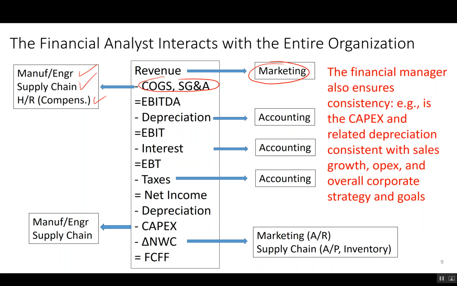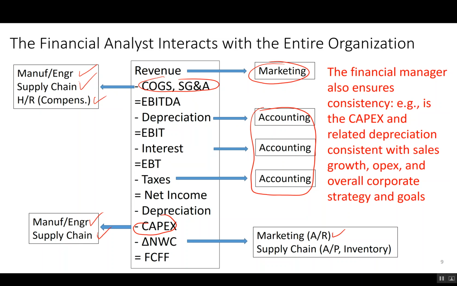Depreciation, interest, taxes, you're going to work really closely with accounting to make sure those are right. CapEx, you're going to work with supply chain people, engineering, and manufacturing to figure out what equipment they need to generate the sales and inventory and other items. Working capital, you're going to work closely with marketing to figure out the accounts receivable.